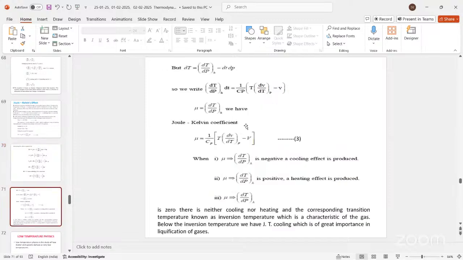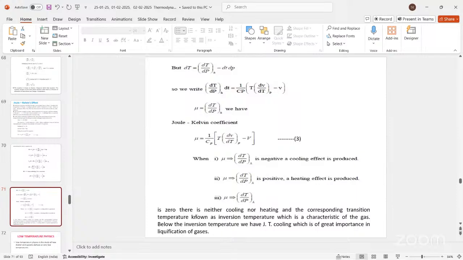So this is the third equation. Suppose the cooling effect is produced, then mu is dT by dP at constant H, and when the heating effect is produced in the positive way, we get dT by dP at constant H. Finally mu equals dT by dP, negative or positive, both we take here.